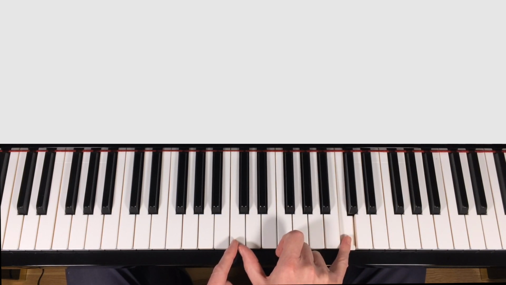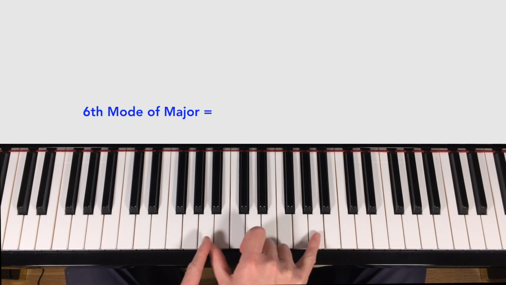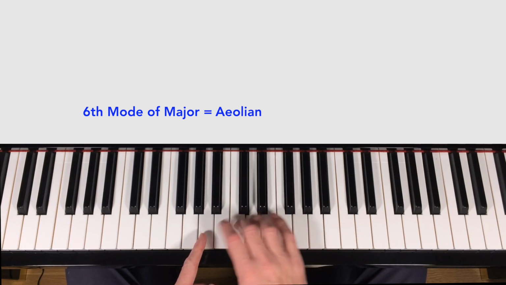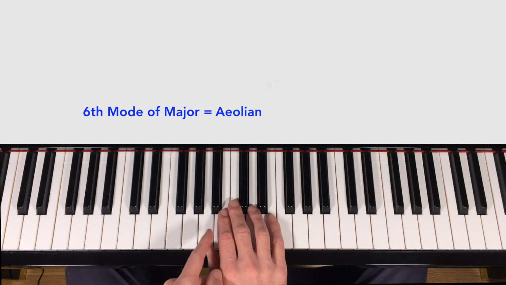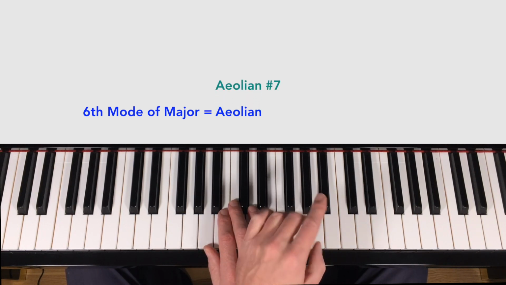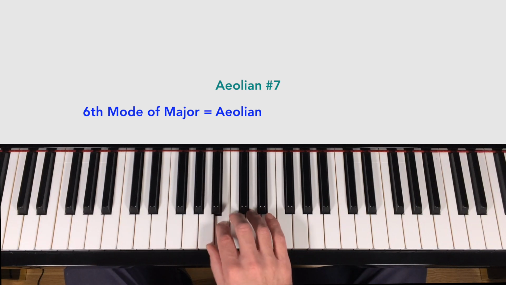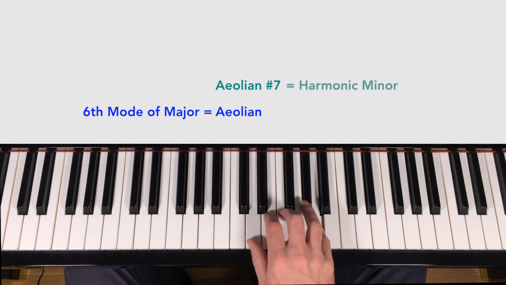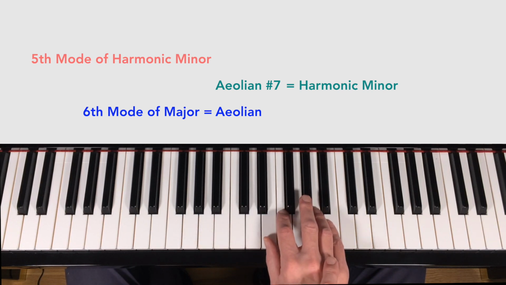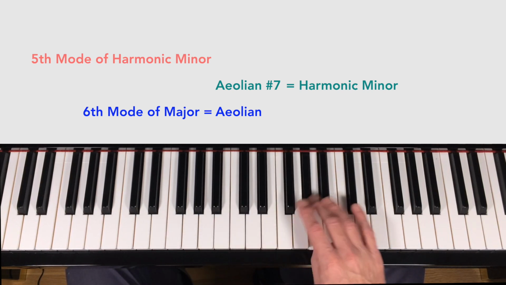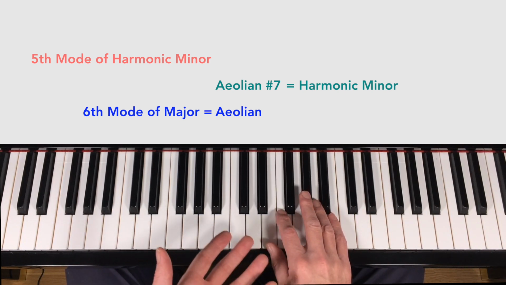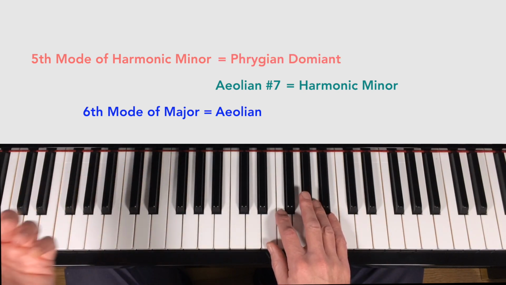That's C major, isn't it? The sixth mode is the Aeolian scale. So if I alter the seventh note of that, raise the seventh note, I've got the harmonic minor. If I now take the harmonic minor and play the fifth mode of that, I'm back to my Phrygian Dominant scale, the Spanish scale I just spoke of.